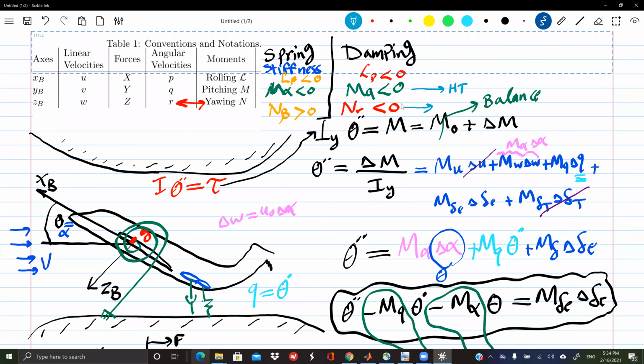Questions like, what's the main component affecting yaw damping? What's the main component affecting pitch damping, and so on. L p, anybody remember the main thing? Wing, right? Dihedral? No, that is L beta due to the dihedral. Exactly.